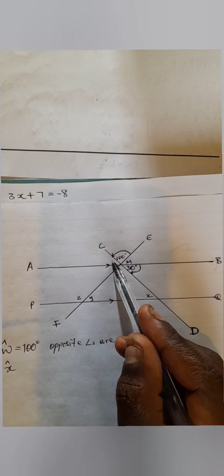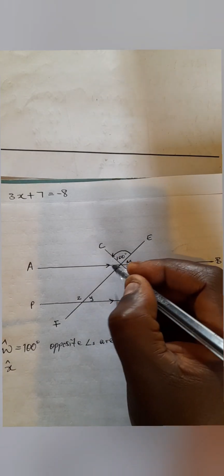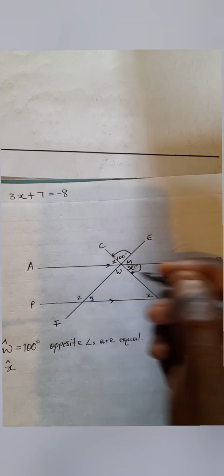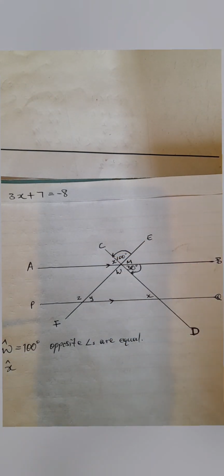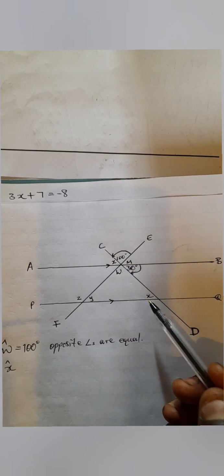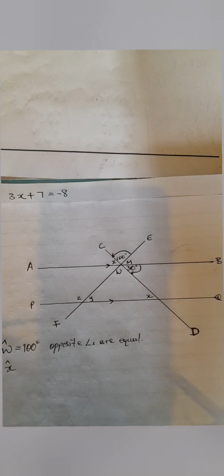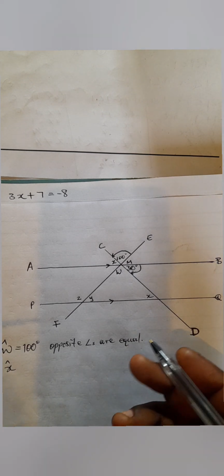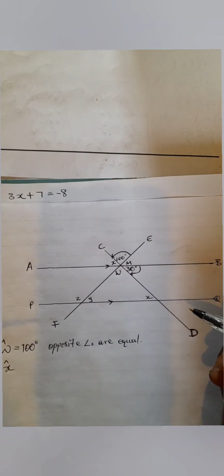This angle here, right? It's equal to this angle here, which I'm also going to name X, because they are equal according to the rules and conditions of angles formed by straight lines.